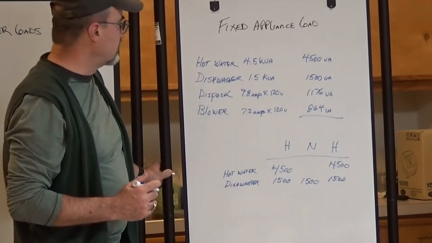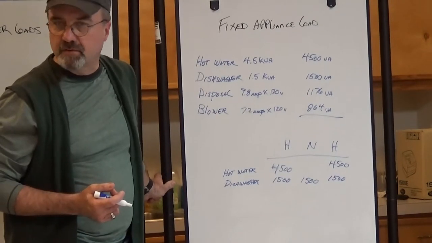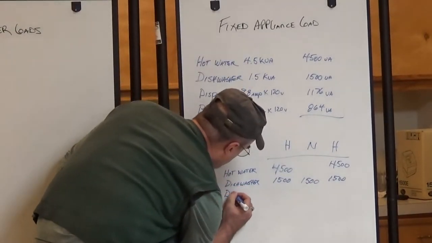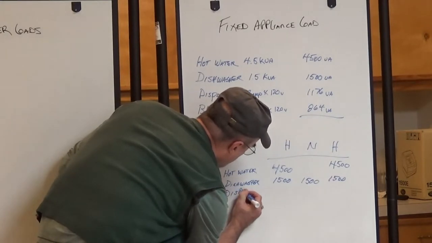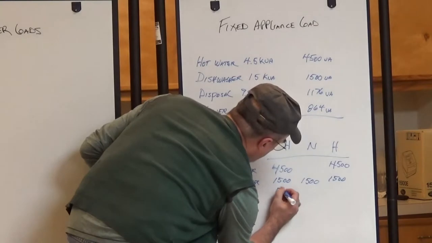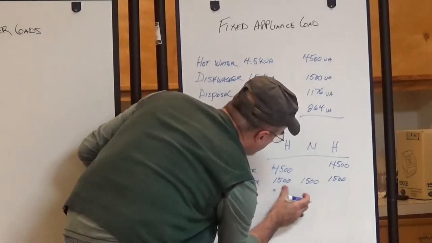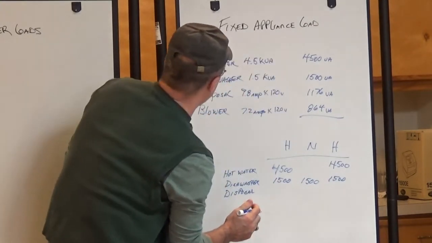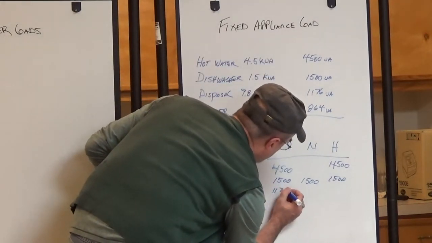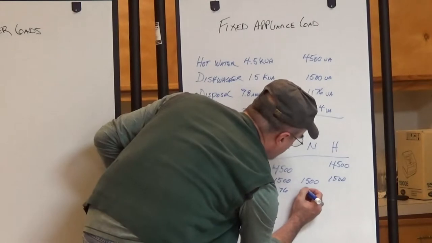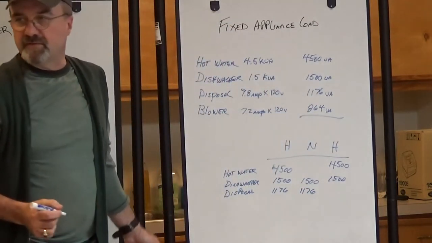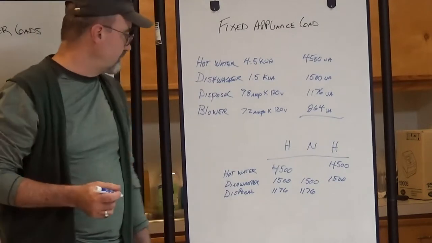The disposal, what voltage level is the disposal? 120. 120? And that's at 1176 VA. Yes, sir. So we have to add that to the neutral also. We add the 1176 to the neutral also.